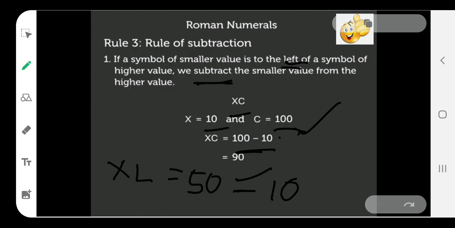That means 10 will be subtracted from 50 and it will make our new number, that is 40. So this is the rule of subtraction. If the smaller number is written on the left side of the higher number, we have to subtract it, and if the smaller number is written on the right side, we have to add it. That is the rule of addition.